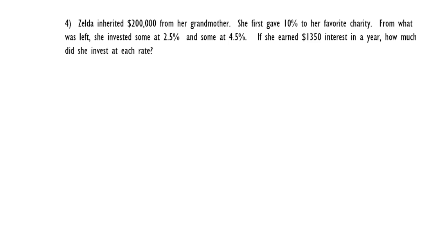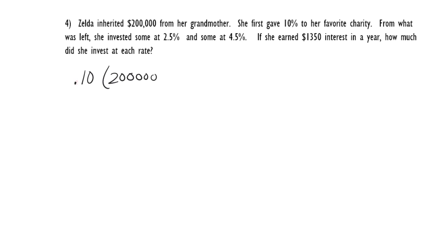Now, there's a couple ways you can do this, and I've seen students do it both ways. You can either find out how much she gave away and then see what's left. Or some people say, well, if she gave away 10%, then she just kept 90%, and they just find 90% of the 200,000. So either way works. I'll go ahead, 10% of 200,000. To figure that out, you would just be taking 0.10, there's your 10%, and you're going to multiply it by 200,000.